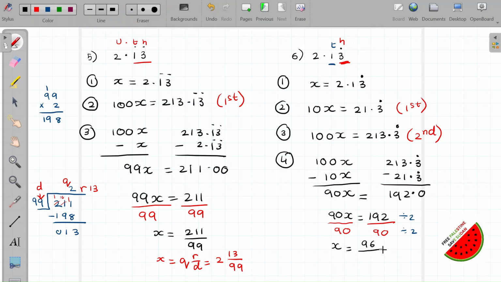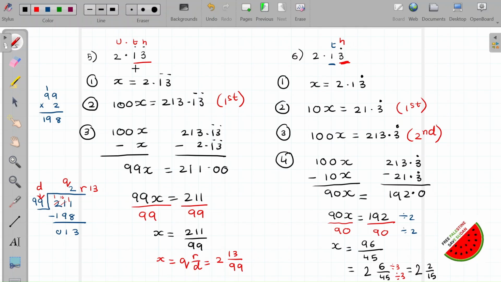So 96 over 45. 45 goes into 96 2 times, remainder 6 over 45. I can simplify this further actually. Divided by 3. So this will still be 2. 6 divided by 3 is 2. 45 divided by 3 is 15.